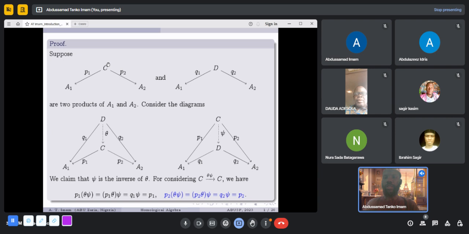So if I assume C is the product of A1 and A2, and D is also a product of A1 and A2, you see a product is a pair.